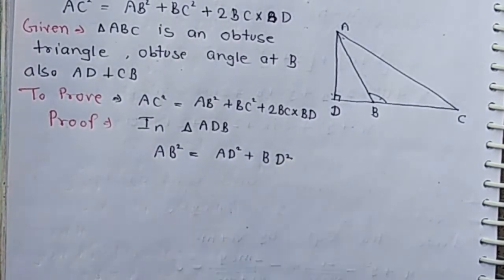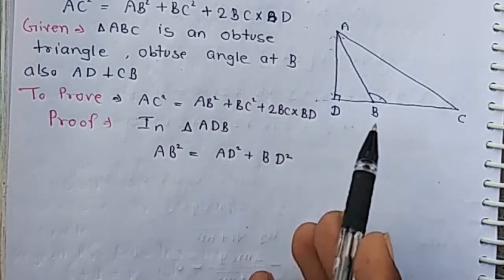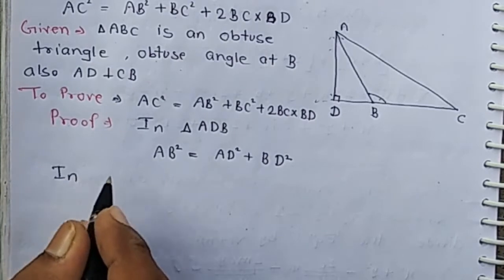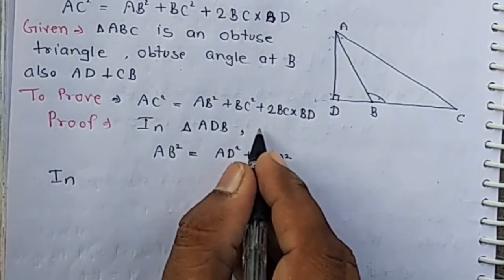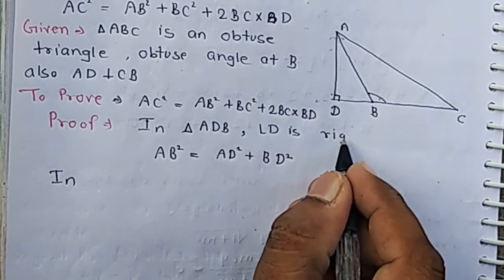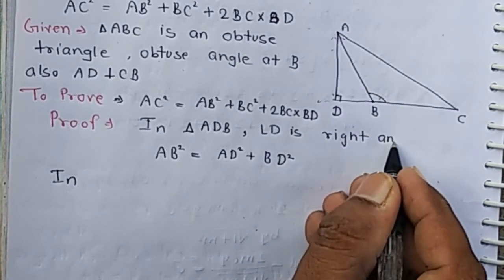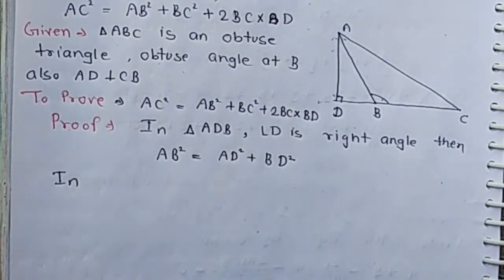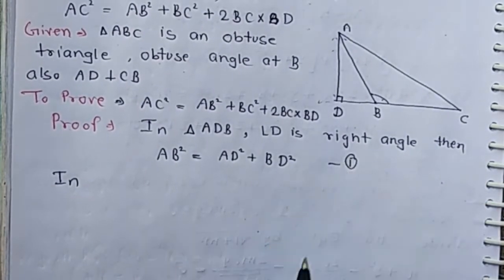By using Pythagoras theorem, we have AB square equal AD square plus BD square. Let this be equation 1.